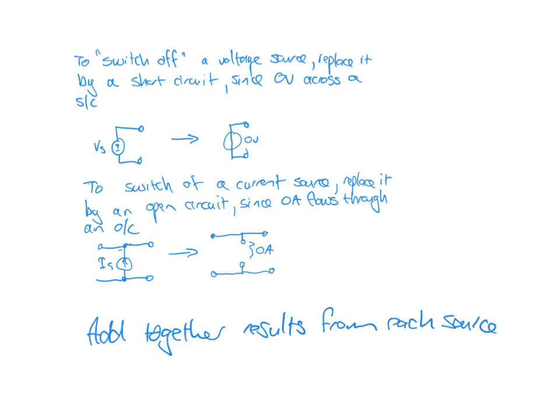And then your superposition is complete. But the important thing to remember is that you switch off a voltage source by replacing it with a short circuit, and you switch off the current source by replacing it with an open circuit. That's the end of this video.